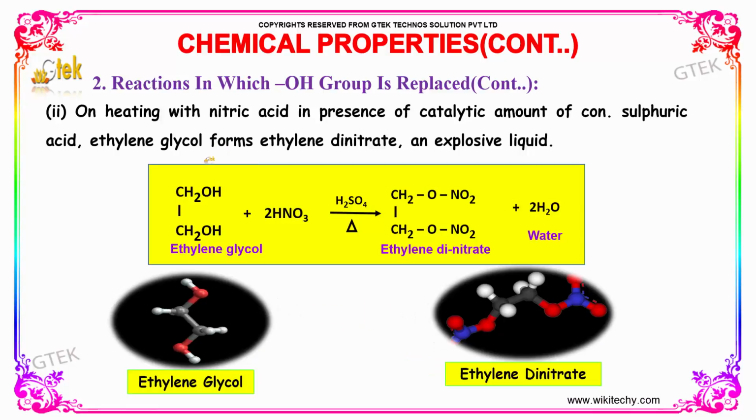On heating with nitric acid in the presence of a catalytic amount of concentrated sulfuric acid, ethylene glycol forms ethylene dinitrate, which is an explosive liquid at higher temperatures, and water is also formed as a side product.